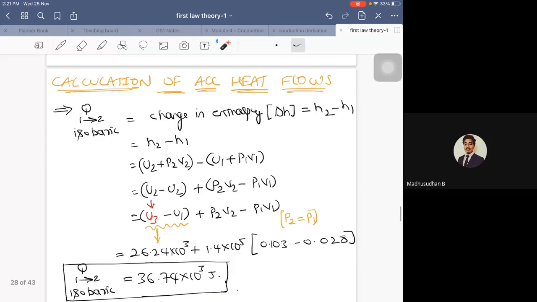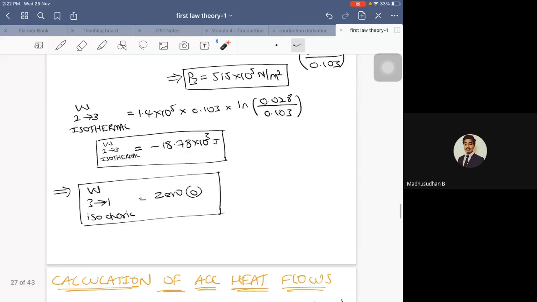Now calculation of heat flows for all the processes. So you should have that screenshot with you. See how to calculate the isobaric heat flow. You can just look into the screenshot and tell me how to calculate the isobaric heat flow for the first process.